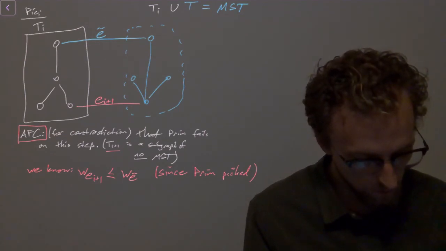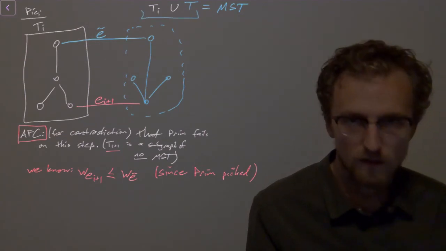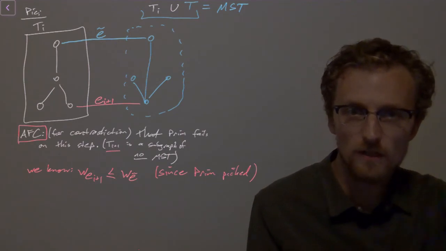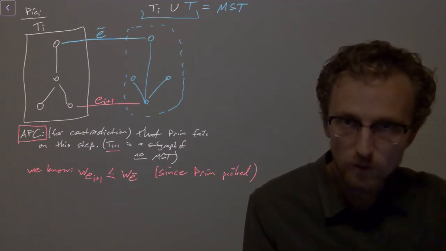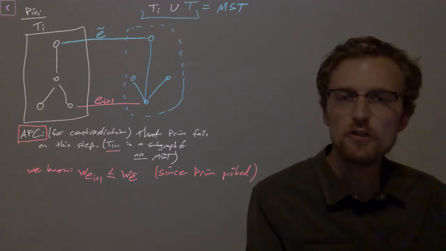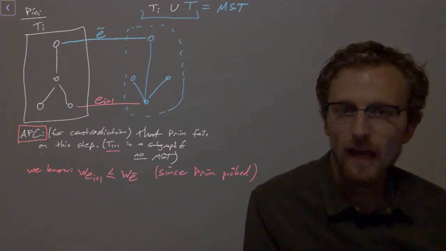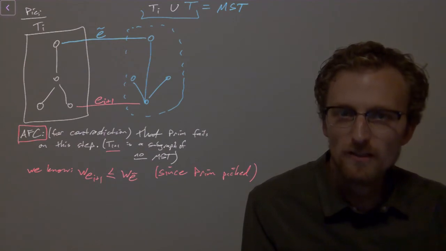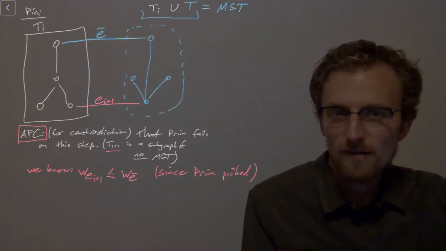So we know that the tree on the left, Ti, union with the blue tree is a minimum spanning tree. Now I want to take that tree and modify it to create another spanning tree that has a lower weight.